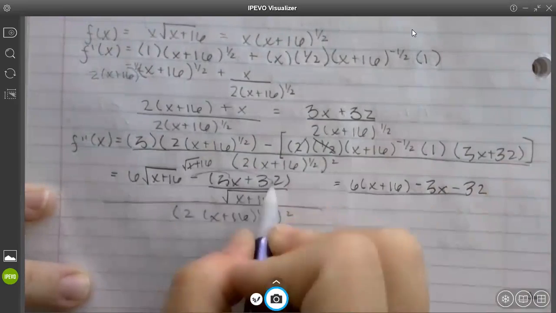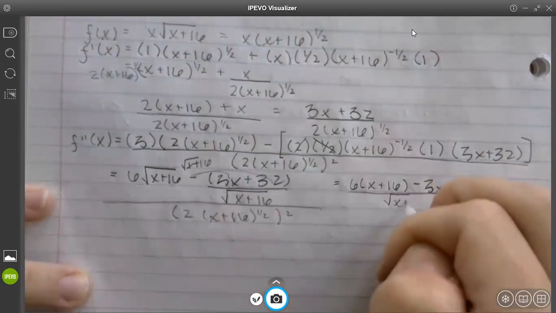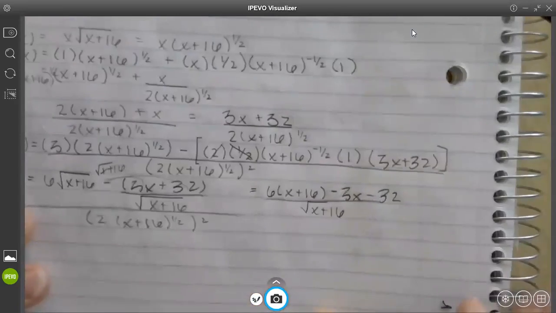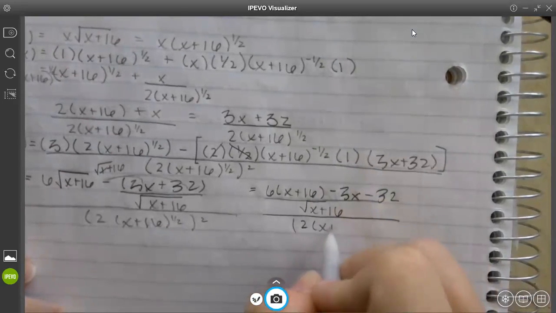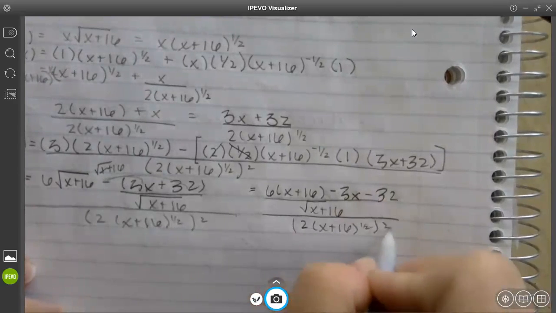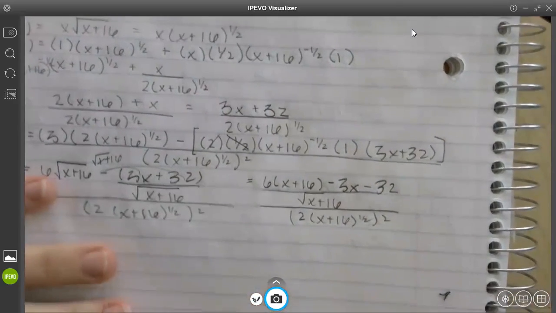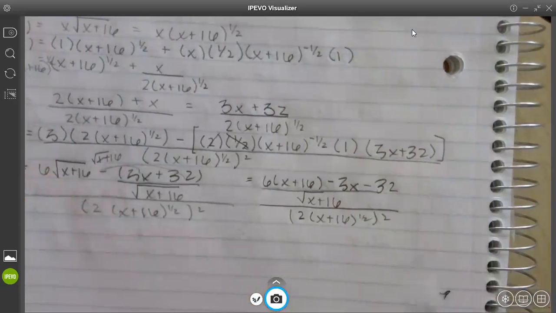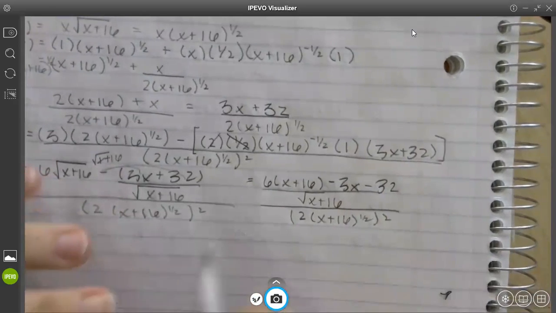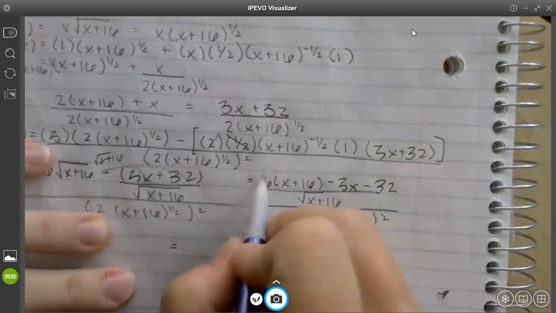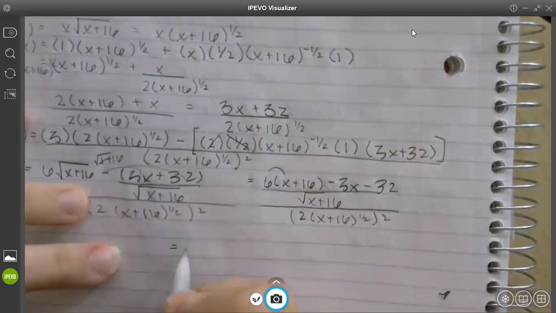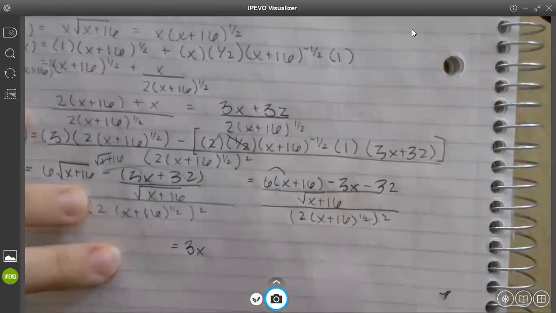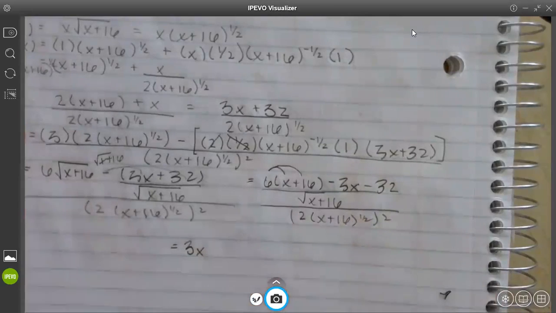I distributed that negative over the square root of x plus 16, all over 2 times x plus 16 to the 1/2 squared. Clean up the top, and also we don't divide, we flip and multiply for the fraction here. So we're going to talk about that at the same time. So we get 6 times x is 6x minus 3x is 3x. What is 6 times 16?